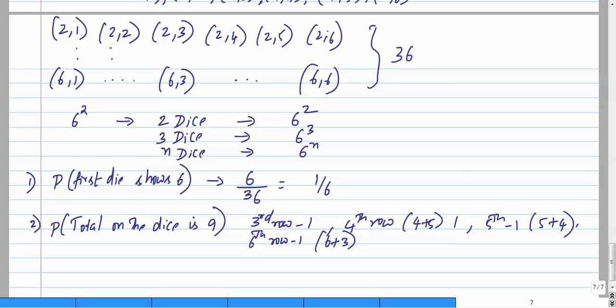So the total number of favorable outcomes is 4. Do we get this? 1 in the third row, 1 in the fourth row, 1 in the fifth row, and 1 in the sixth row. So I can see that it is 4 upon the total options, which are 36, that is 1 upon 9.